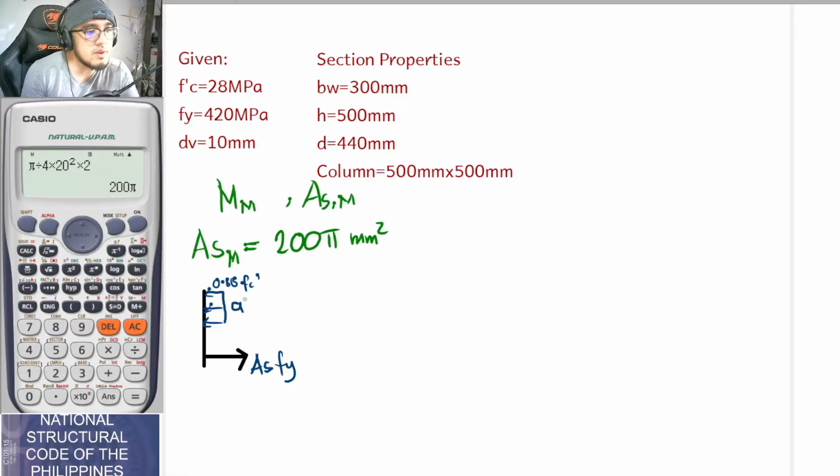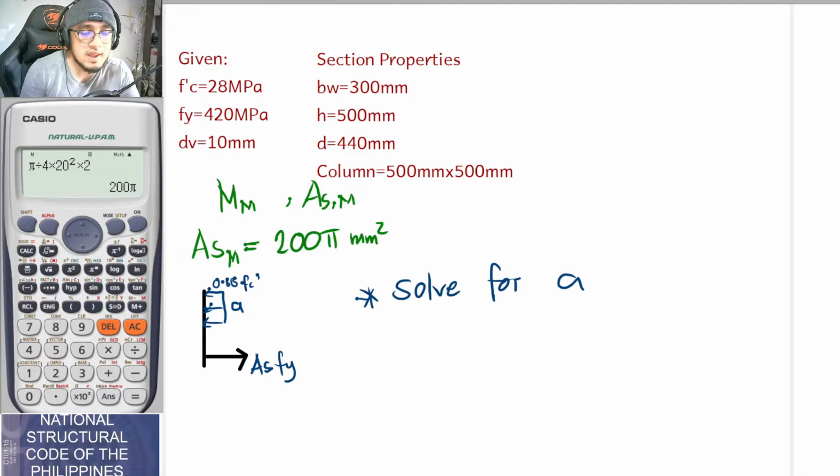Okay, so what is the value for your A here? So summation of forces vertical. So ayun, equating the forces going towards the right and going towards the left. So for the forces going towards the right, solve for A. So why are we solving for A?